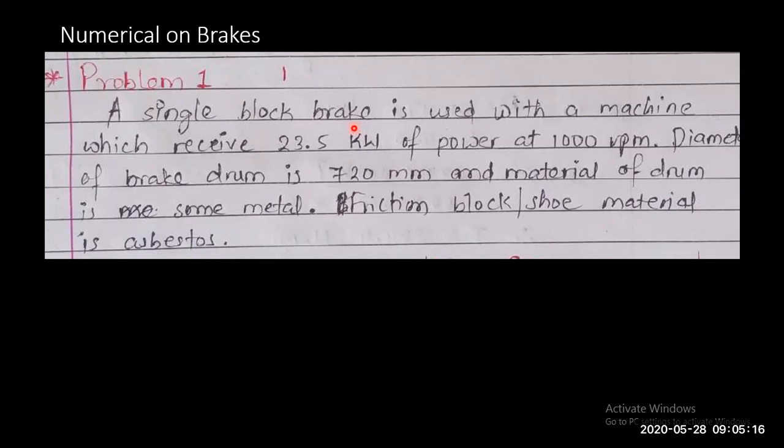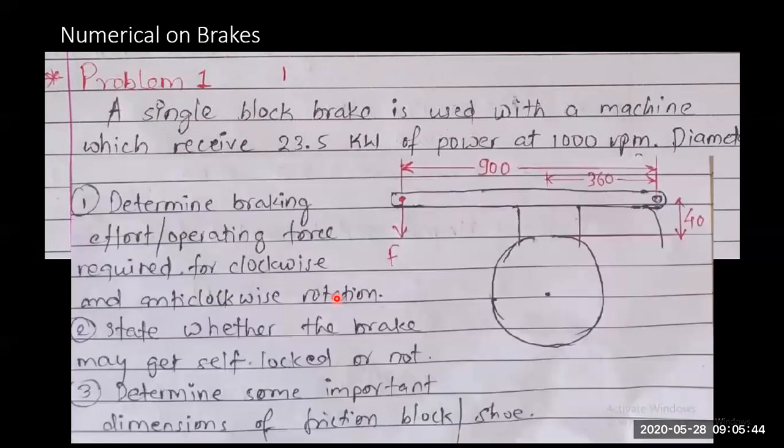It is used by a machine which receives 3.5 kilowatts of power at 1000 RPM, and the diameter of the brake drum is also given as 720 mm, and the friction brake shoe material is the same.